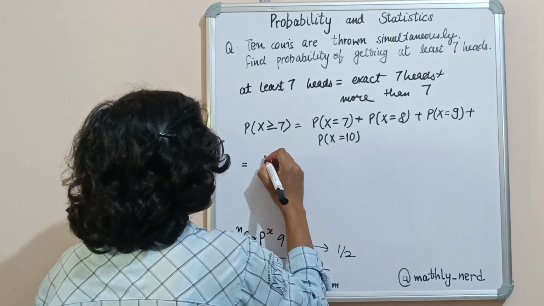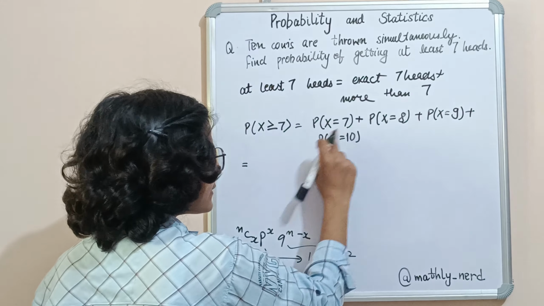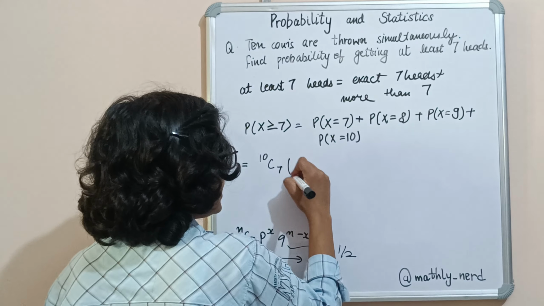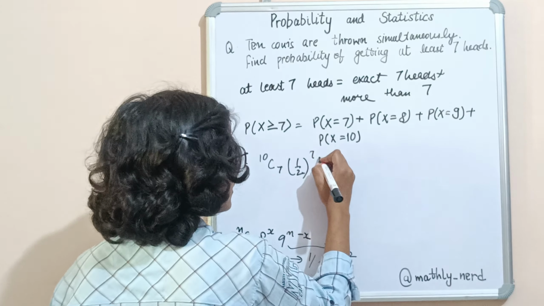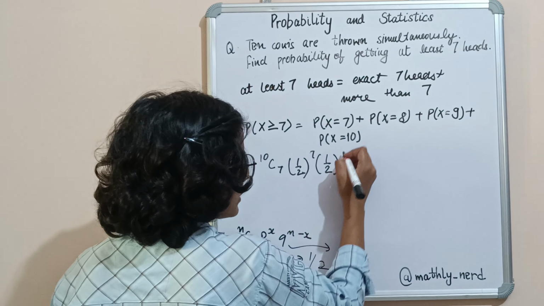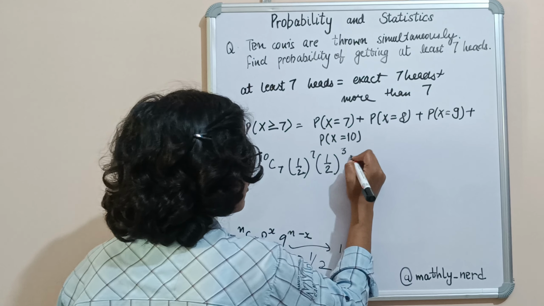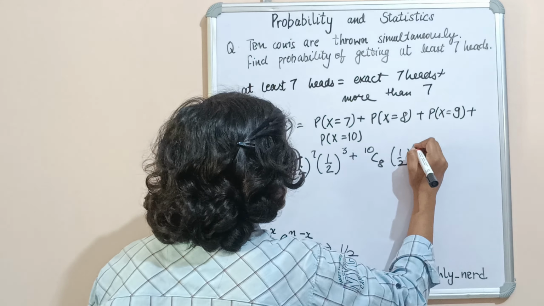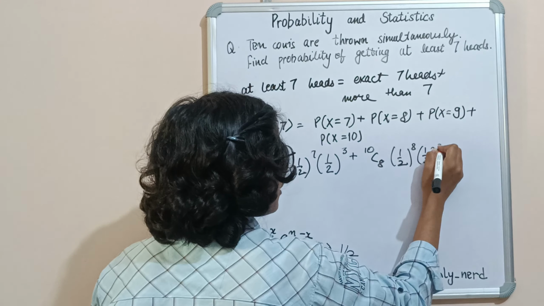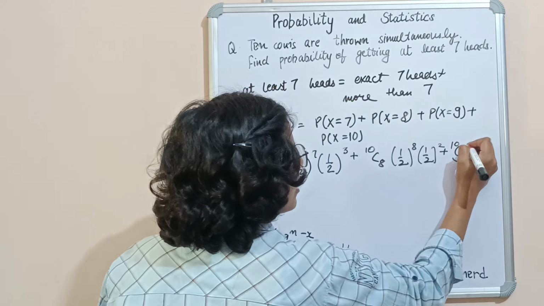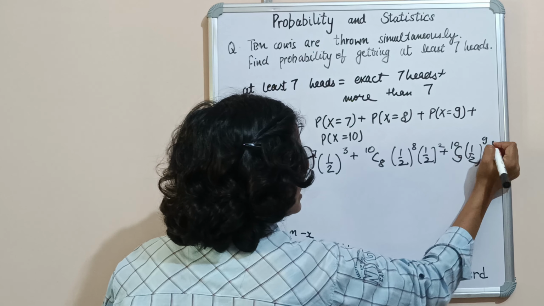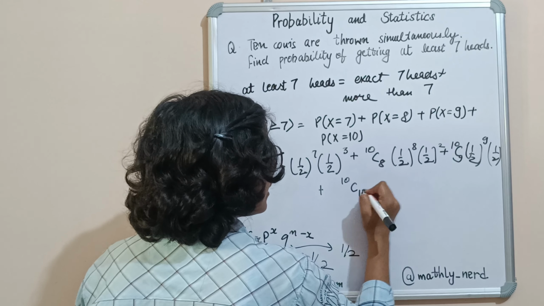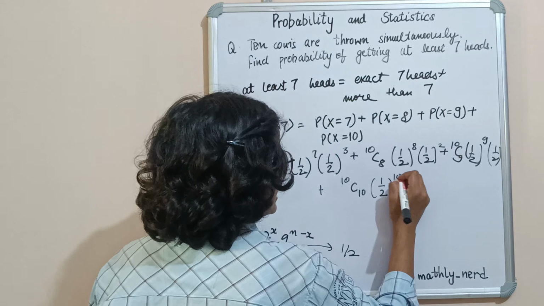So here our x is equal to 7, then 10C7 (1 by 2) to the power 7 into q to the power n minus x, (1 by 2) to the power 3, plus 10C8 (1 by 2) to the power 8 (1 by 2) to the power 2, plus 10C9 (1 by 2) to the power 9 (1 by 2), plus 10C10 (1 by 2) to the power 10.